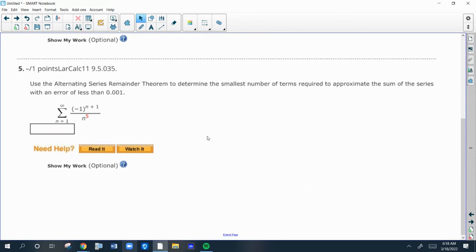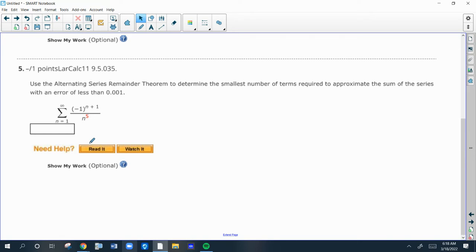So now we finally have a different question. It says, use the alternating series remainder theorem to determine the smallest number of terms to approximate the sum of this series with the error less than 0.0001. So the alternating series remainder theorem basically says that your sum is going to be within the first term that you omit.